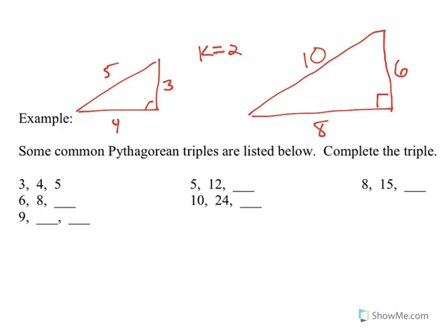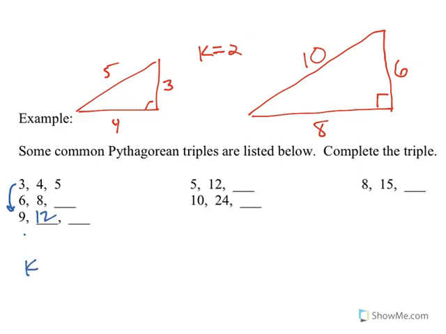To go from this one to this one, you had to times 2. So the 3 gets doubled, the 4 gets doubled, and the 5 gets doubled. That's going to be 10. And if we look at the next one, how did we get the 9? If we think about how we started with a 3 and turned into a 9, it tripled in size, so the 4 would also have to get tripled in size, so that's going to become 12.